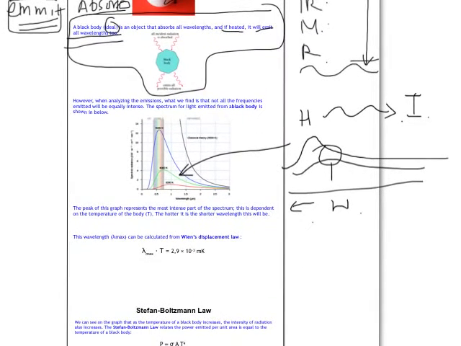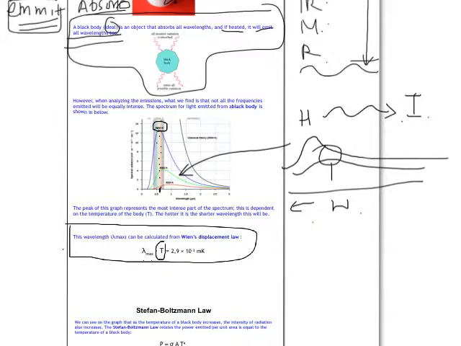But anyway, Wien's displacement law tells you that if you find the wavelength which corresponds to the peak in intensity, or wavelength max, times the temperature will always equal this constant value, 2.9 times 10 to the minus 3 meters Kelvin.